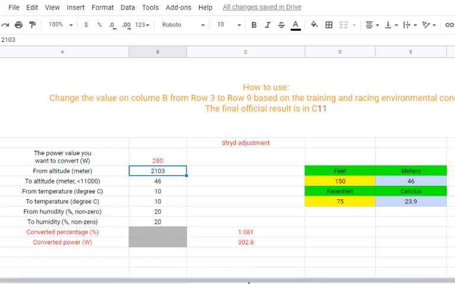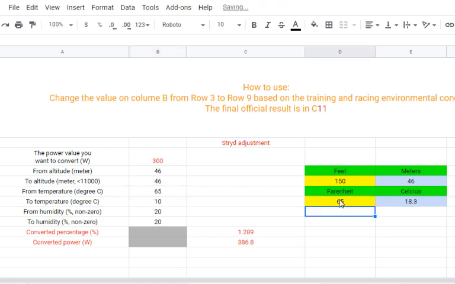Let's give another example. Let's say the person is at sea level, 150 feet. We'll just use that, 46 meters once again. But let's say that they tested FTP. FTP is 300 for this example. Let's say that they tested it at 65 degrees Fahrenheit.